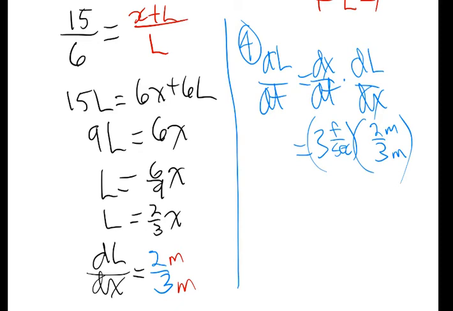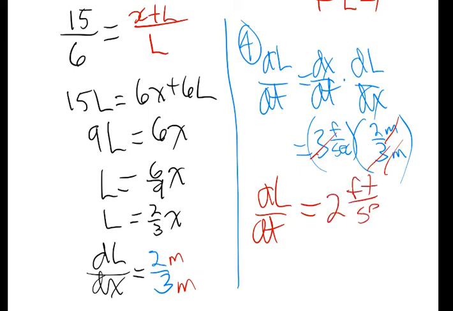Or you can think of it as dL is 2/3 of dx, right? So the rate of change of L is 2/3 of dx. Okay, so what is dL by dt then? And those divide out nicely. dL by dt equals 3 times 2/3, that divides out, and it's 2 feet per second.